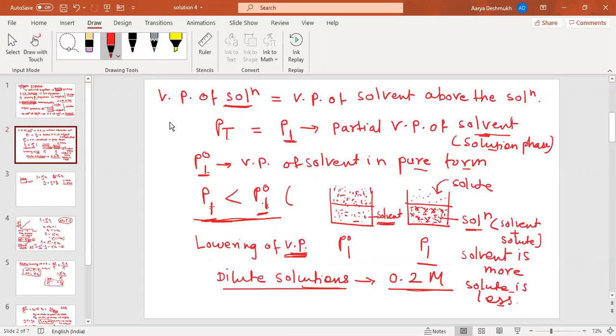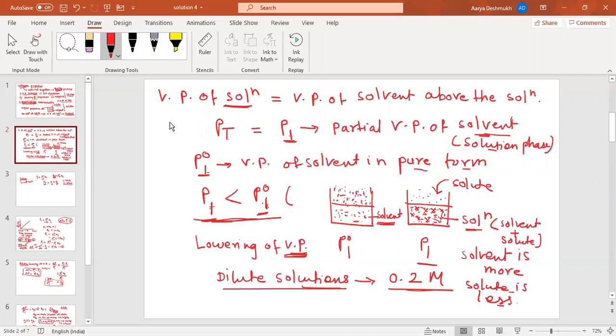Now this P1, the partial vapor pressure of the solvent when it is mixed with the solute, is less than the vapor pressure of the solvent in its pure form. So if P01 is the vapor pressure of the pure solvent and P1 is the vapor pressure of the solvent above the solution, that is, the partial vapor pressure of the solvent, then P1 will be less than P01 when a non-electrolyte solute is added.